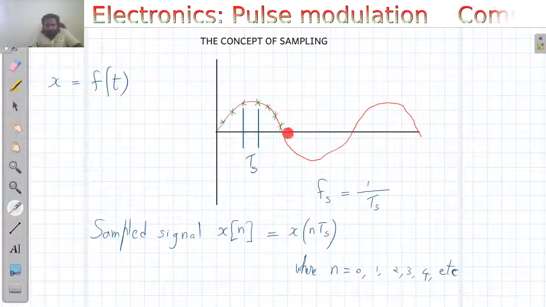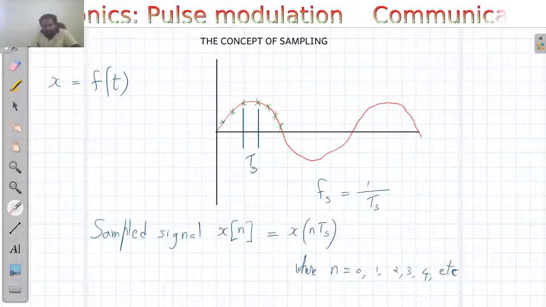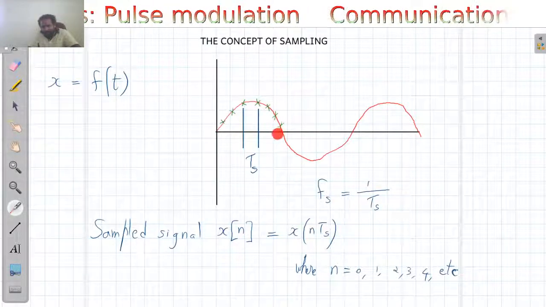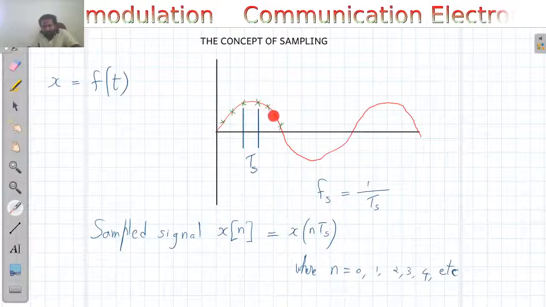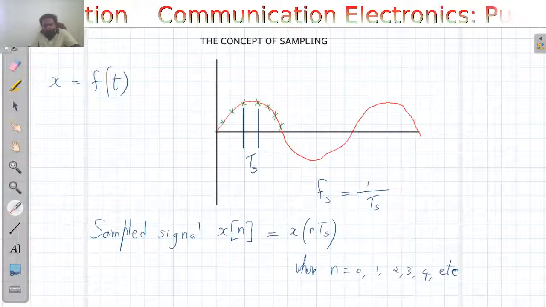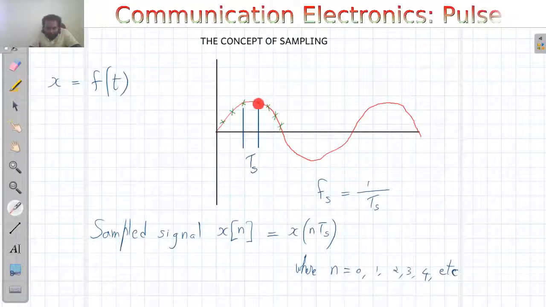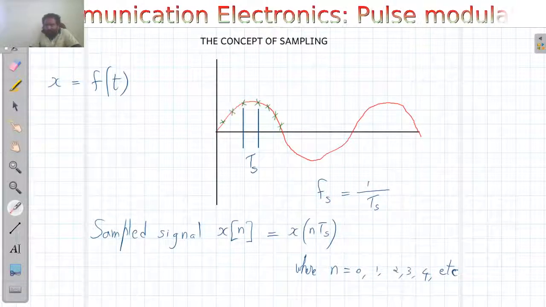Okay, in green color I have marked some points on it, and you can see that if you have these green color dots, you can just join in between the green color dots to completely reconstruct the wave. The smaller the gap between these green color dots, the more perfect our reconstructed wave will be.